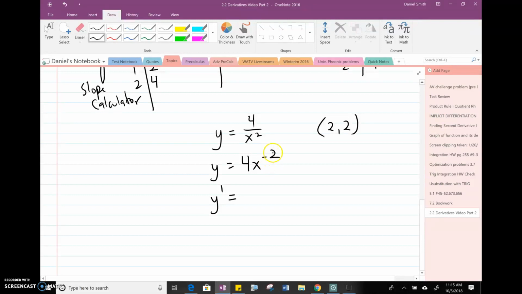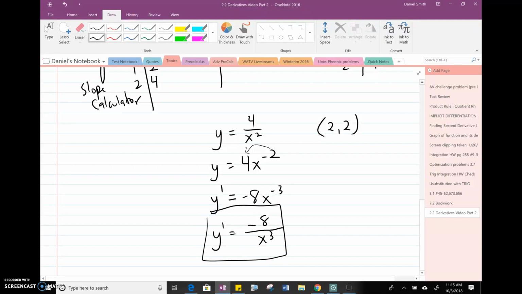And how do you do that? Well, you go back to your shortcut rules. We bring the power down front. That makes negative 8. We subtract 1 from the exponent, so that's negative 3. So our actual derivative is going to be negative 8 divided by x cubed. This is my derivative. And then the question asks me to find the slope at the point that I just circled in red.